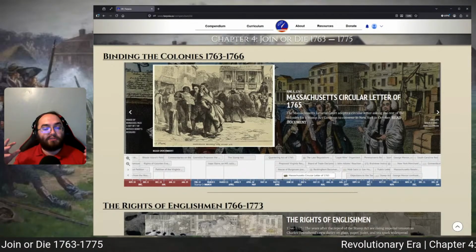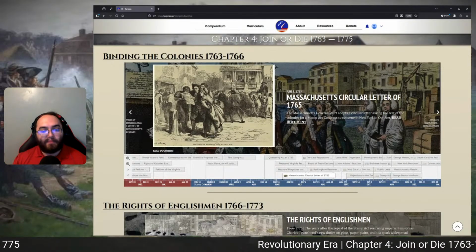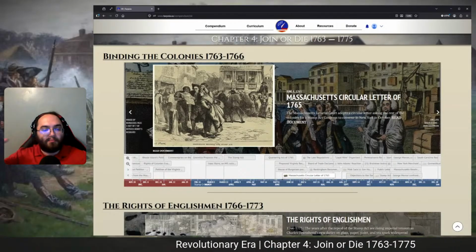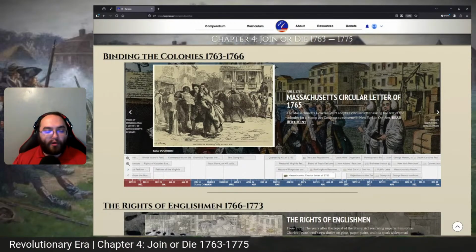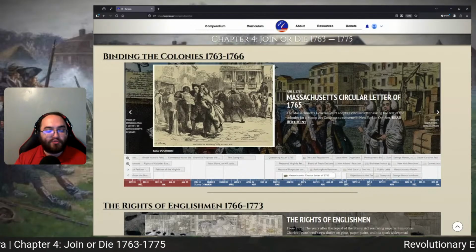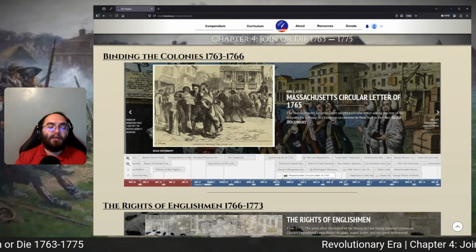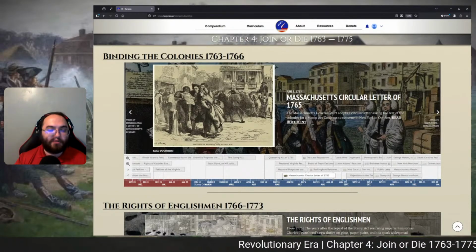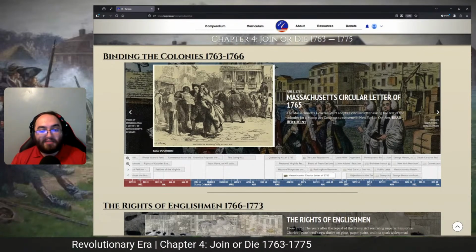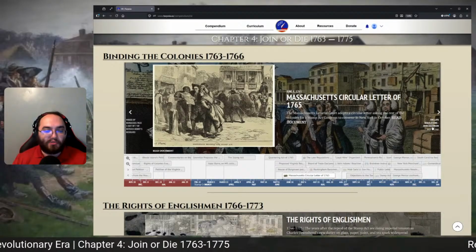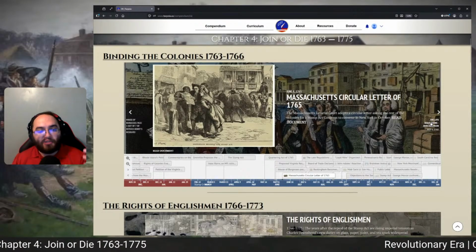So Massachusetts is the one to send a circular letter, which is just a public letter, an open letter, asking the other colonies to join Massachusetts in New York to have a Congress. Again, Congress just means to gather and talk about the Stamp Act and how they're going to address Parliament as a united front.